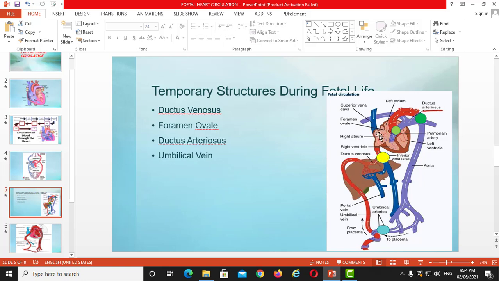From the right atrium to the left atrium, blood flows through an oval opening known as foramen ovale. Then ductus arteriosus: the arch of aorta is connected to the pulmonary artery through a structure, and that structure is called ductus arteriosus.